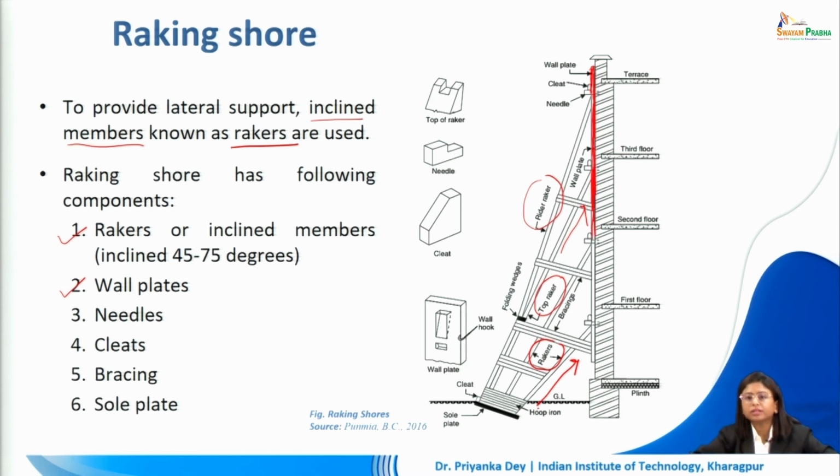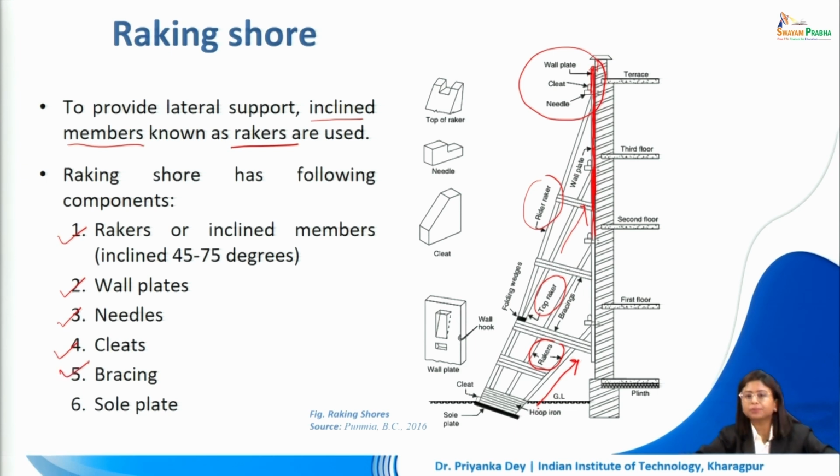This is where the rakers are coming and meeting, and they are connected to these wall plates with the help of needles and cleats, as one can see here. These are helping us connect the wall plate and the rakers to this unsafe wall.